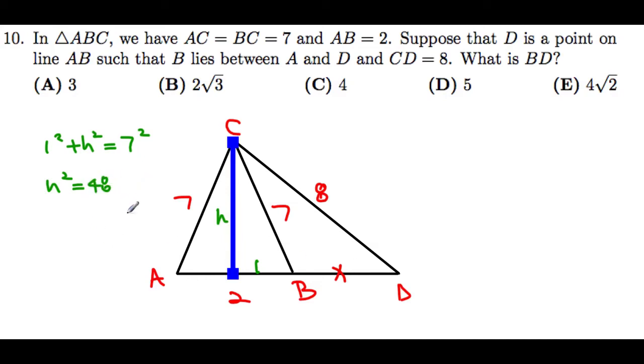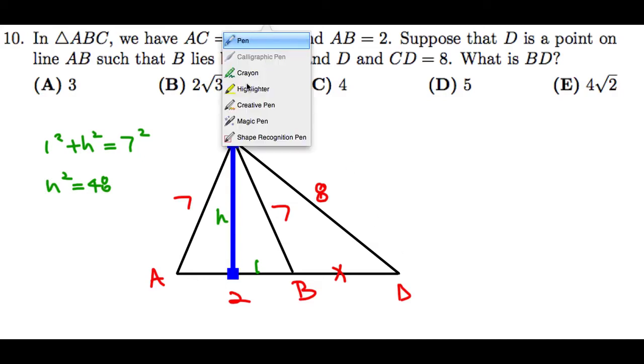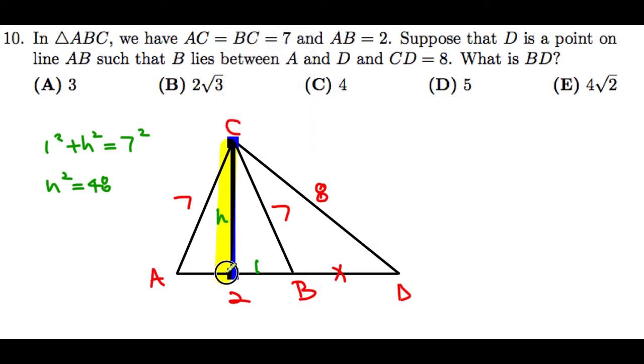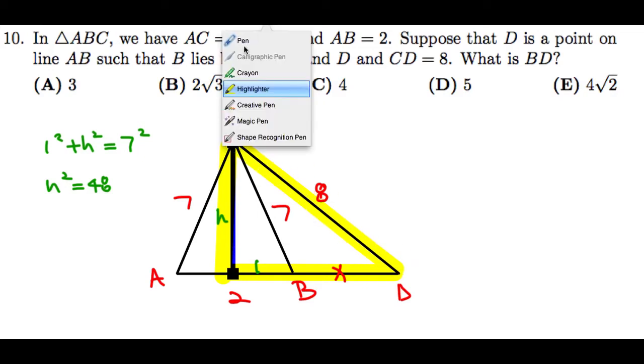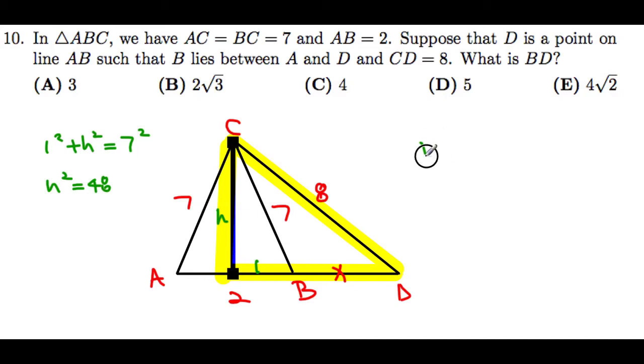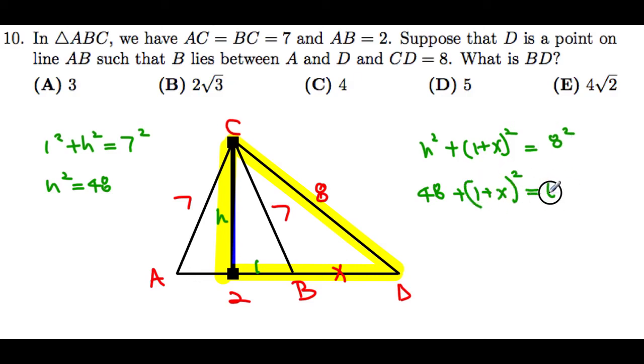But we can do exactly the same thing using the big triangle over here. That's the height, this one. So from this yellow triangle, you can easily see that H squared, which we know to be 48, plus (1 plus X) squared is equal to 8 squared, which is 64.